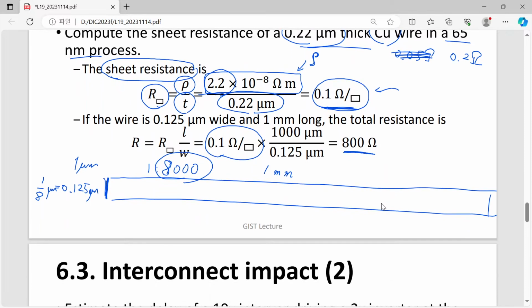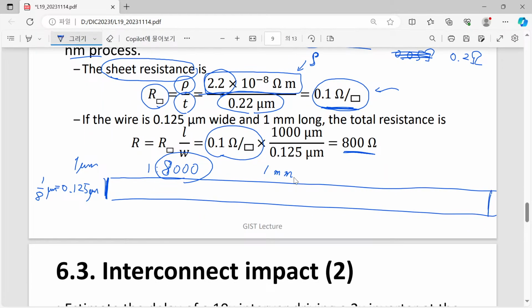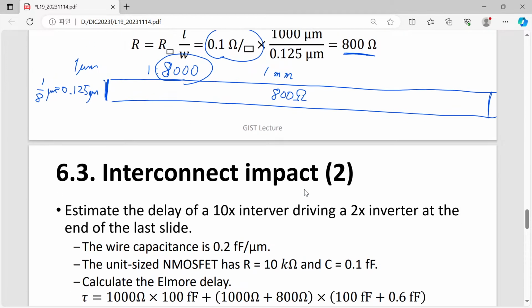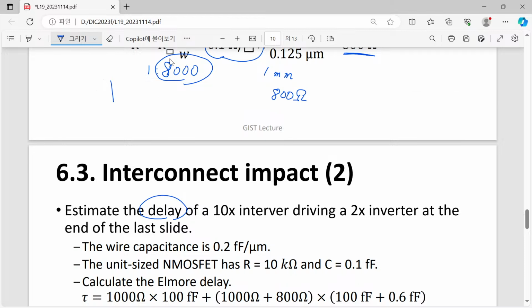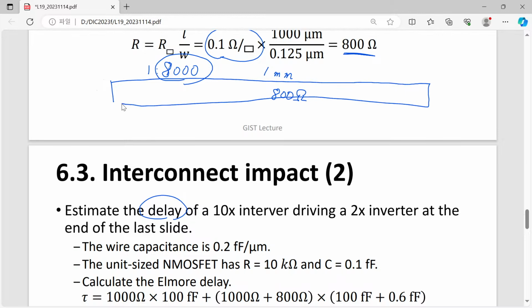So now let's say that we have such a long line whose resistance is about 800 ohm, and we want to estimate the delay. We have a long line, and at the end of this long line we have added a small inverter, whose size is just twice that of a unit inverter.